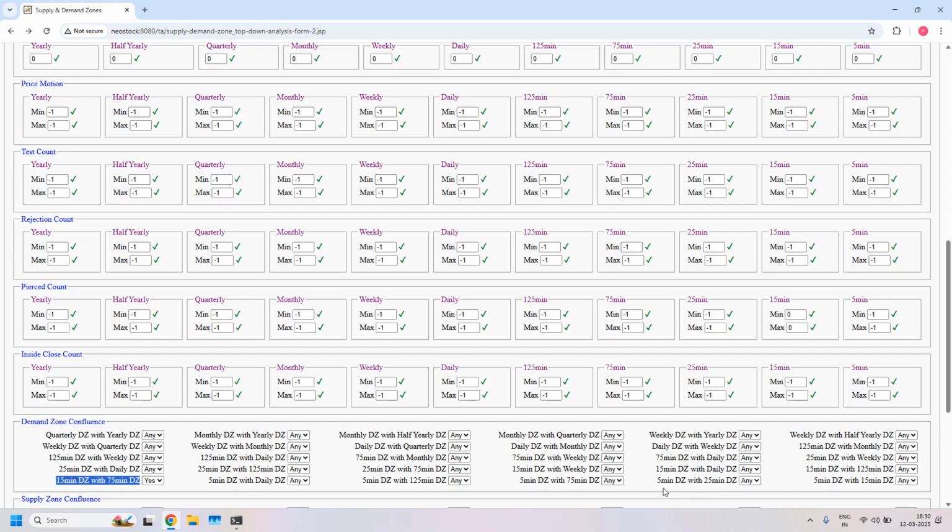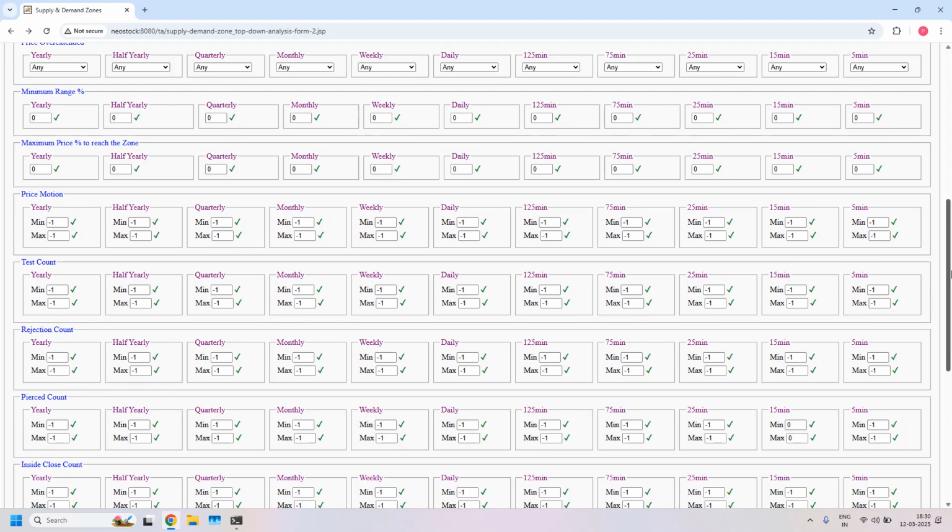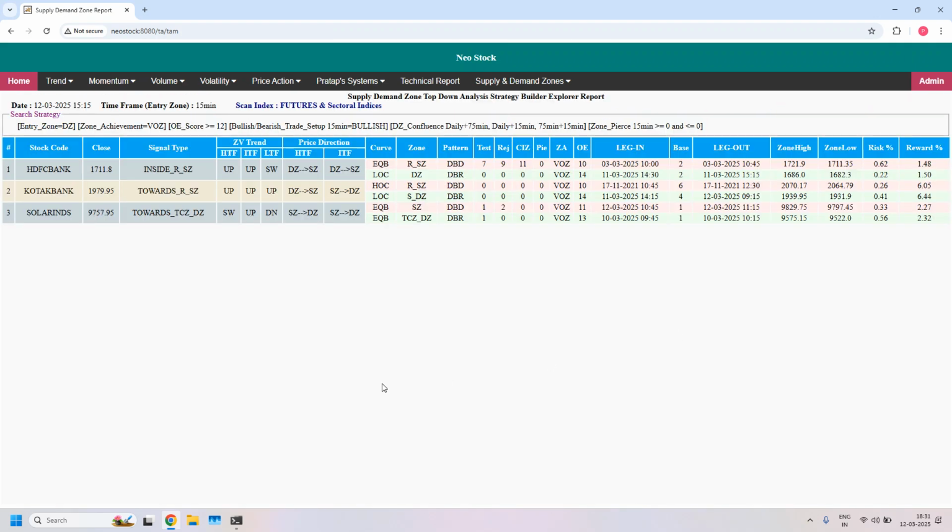Next, 15 minutes demand zone with daily demand zone confluence, and 75 minutes demand zone with daily demand zone confluence. With all the 3 filters, we got 3 stocks. In these 3 stocks, these 15 minutes demand zones are overlapped with 75 minutes demand zone.